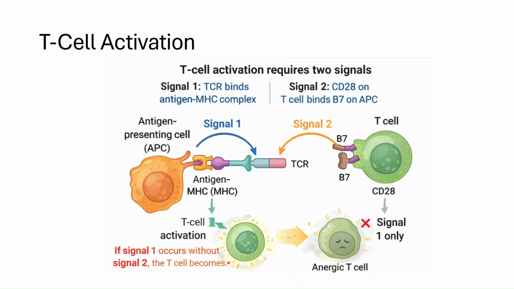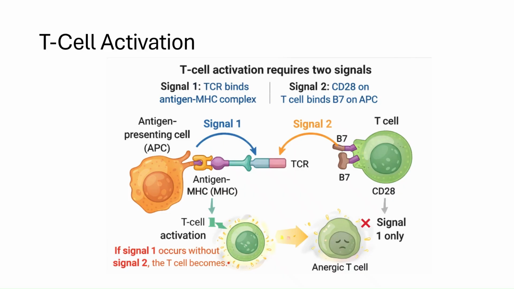Now, on the T cell side, the T cell receptor recognizes the antigen MHC complex, and this interaction provides signal 1. The key concept to remember here is that signal 1 tells the T cell what antigen it is seeing, but not whether it should respond, right? For your exams again, I would like to stress that signal 1 is not enough for activation.